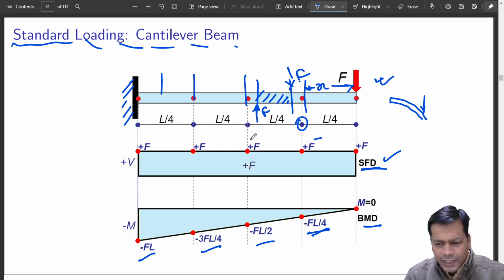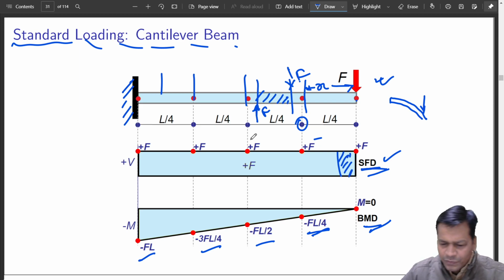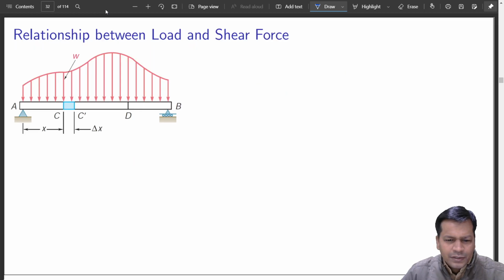There is a relation between shear force and bending moment. Quickly, you can just say bending moment is just the area of the shear force diagram. Let us see if it comes out to be that. So there is a relation, and we'll try to establish that now.